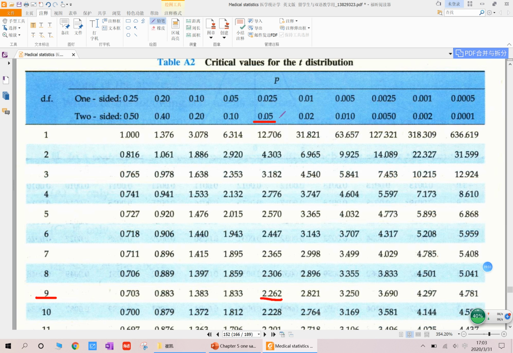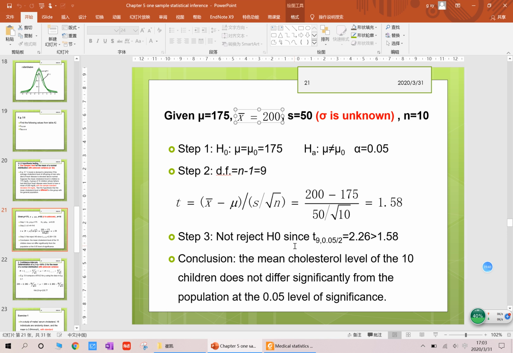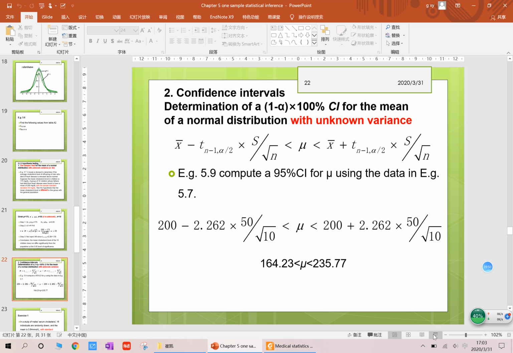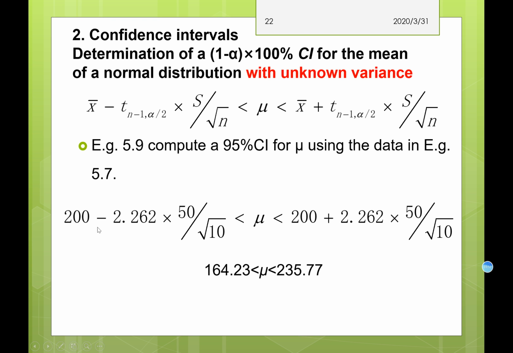And for two-sided alpha equals 0.05, the corresponding t is 2.262. It's the same as the standard t value we used in the hypothesis test. Okay, so here we just put all the numbers into the formula. This is x bar, this is t, s, the little n, and this is plus, right? So we just work it out. The population mean is between 164 and 235.